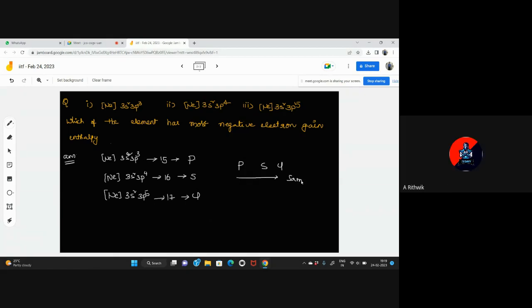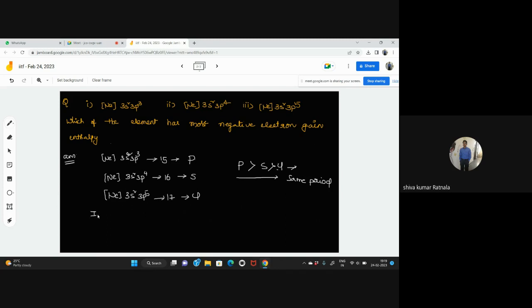And we know phosphorus, sulfur, chlorine belong to the same period only. In a period from left to right, what will happen? Negativity will increase, sir. Size will decrease and electron gain enthalpy will increase. That means it will become more and more negative.